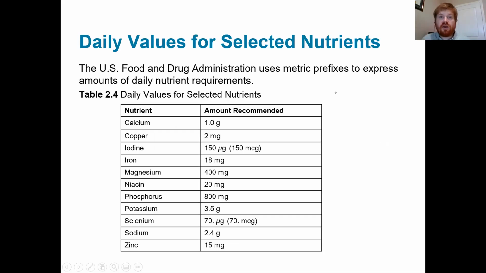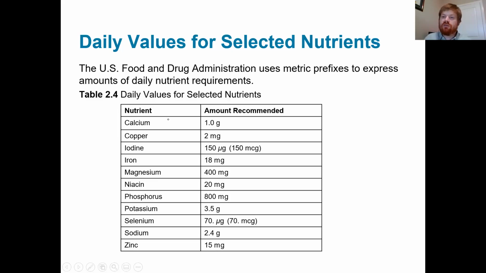Okay, so now just to prove how useful all of this is, just look at the back of any food that has the nutritional info on it. You'll see a wide variety of units used on that little box that we're so familiar with. For example, you might need 1 gram of calcium.